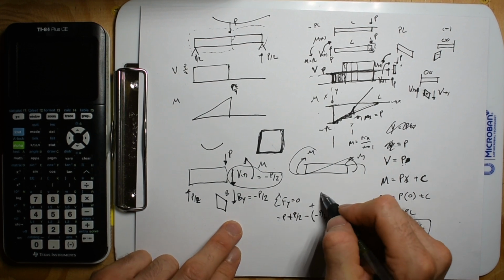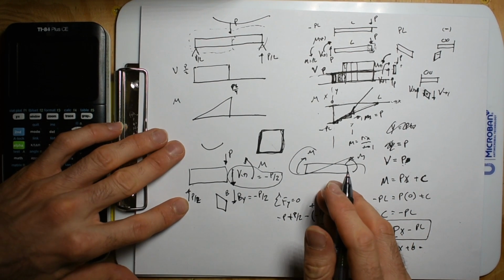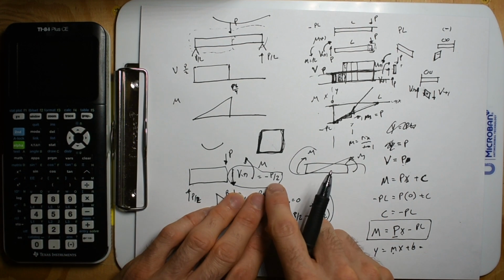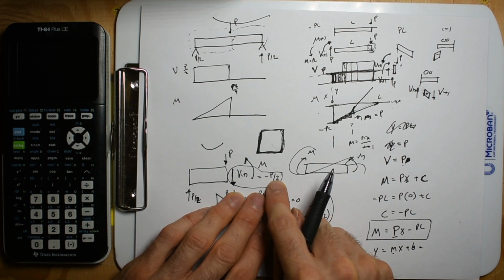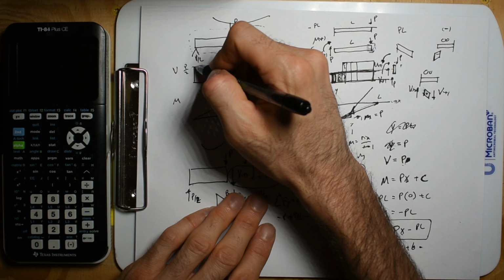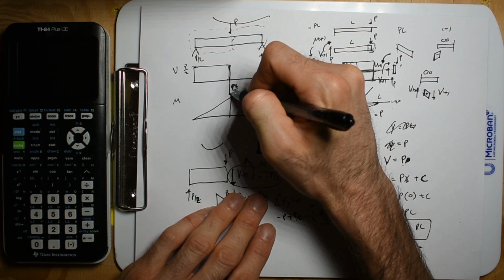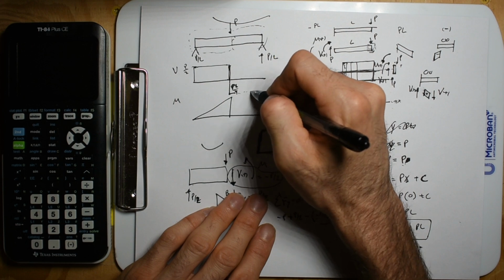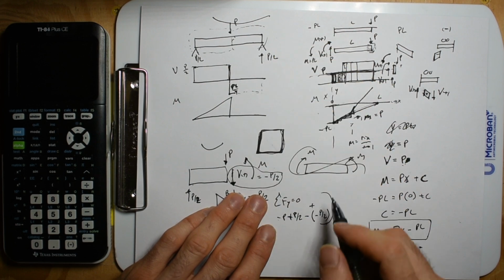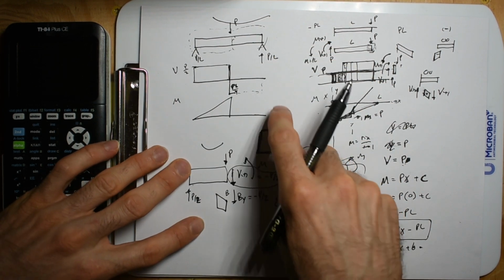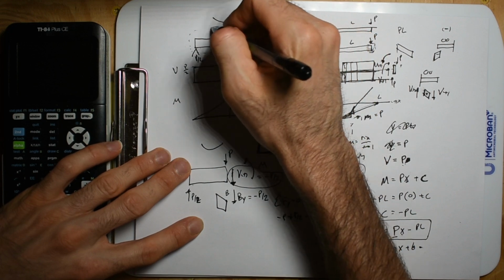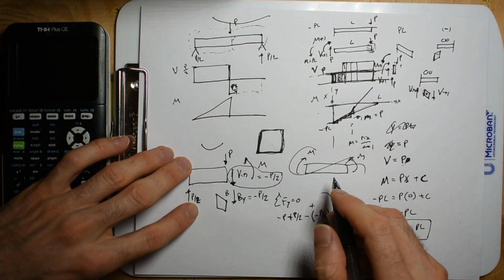And we're just good to go on our forces in the y. But when we go back to our shear diagram, this is going to be a negative p divided by 2. And foreshadowing, on this side we had positive p divided by 2. So after we cross that point, we have a negative p divided by 2, and we'll probably assume that all the way across now. But we'll definitely take the free body diagram all the way over here.